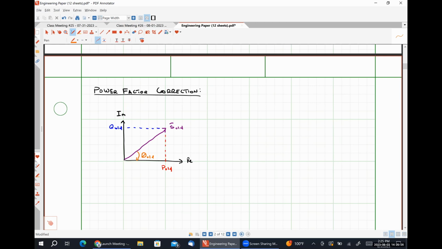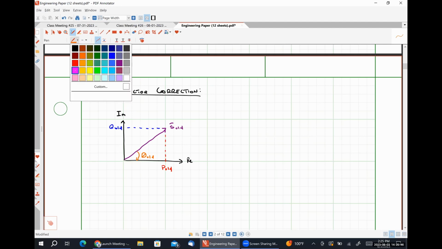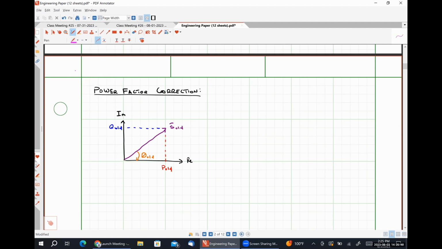We can do this. One way is stupid, and the other way is the correct way. Okay, so we're going to look at things graphically here. If I hold Q old constant and make P larger, I might have something like this.